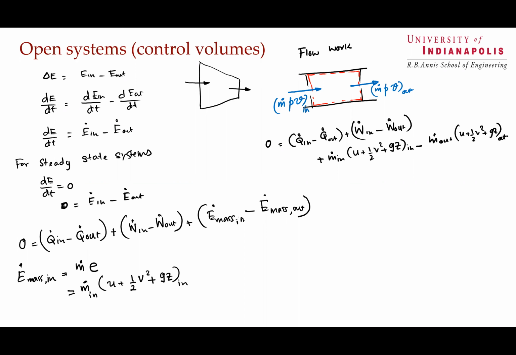And you also have flow work. Flow work is work done on the system, right? That means m dot PV in is positive because it is something you've done on the system, and then work by the system is minus m dot PV out.